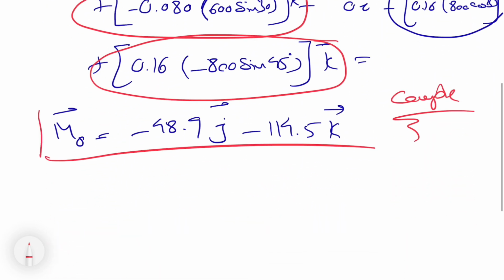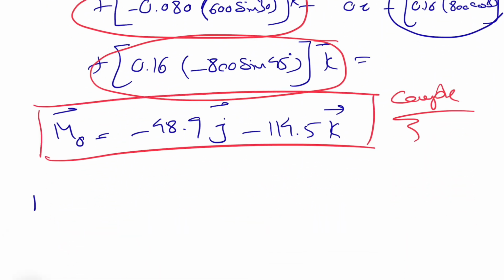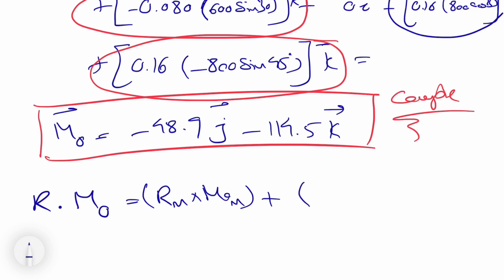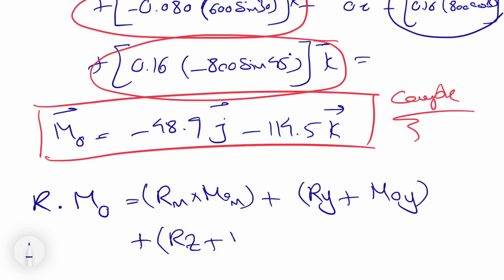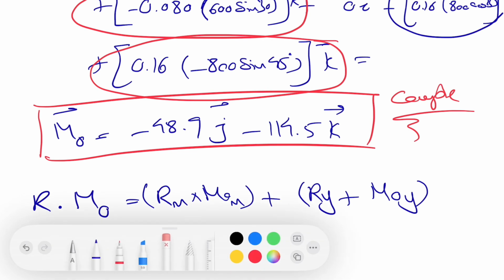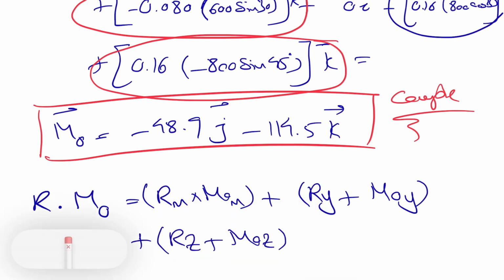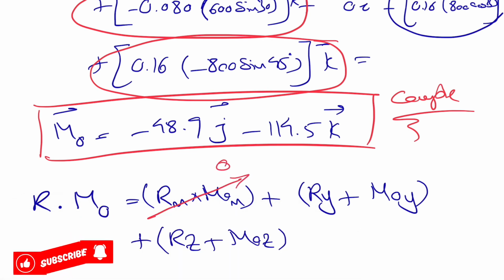If we do the dot product of R and M, we simply need to do Rx times the X component of M, plus the Y component of R times the Y component of M, plus Rz times Mz.